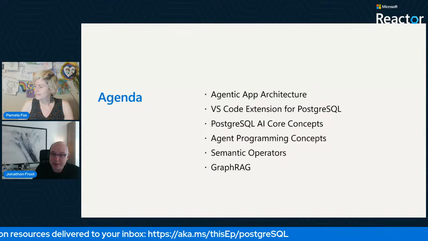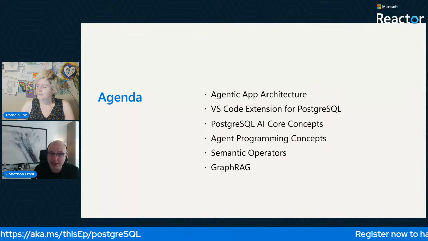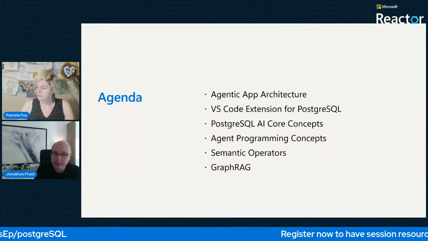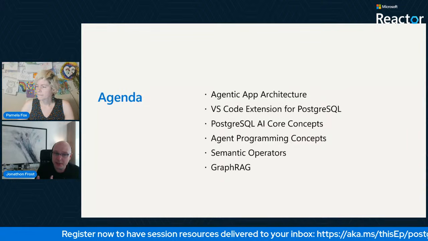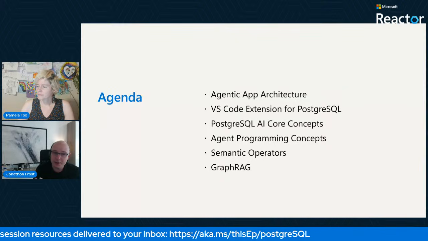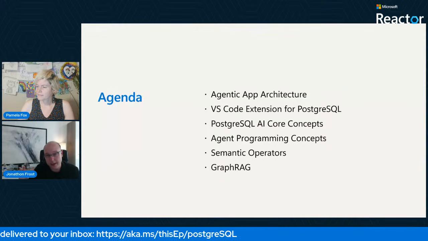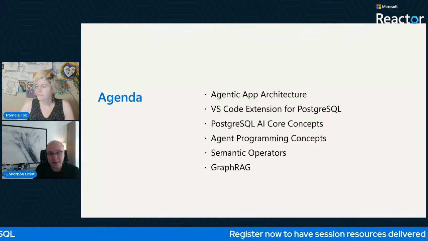So we're going to be focusing on one example Agentic application that we built in a VS Code notebook that will take you through a number of concepts, in this case using Semantic Kernel. And we'll be showing how to extend that and use Azure Postgres to create an agentic end-to-end application in terms of understanding all the pieces of how that comes together.